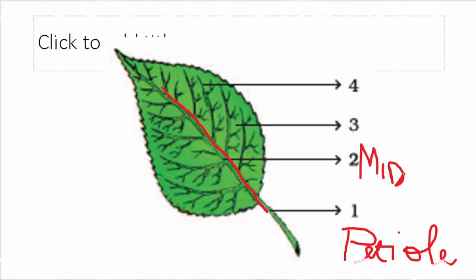Yes. Now the third part. What about the third part? This is the green structure. So we can say the whole green structure is lamina. Right? That is lamina.